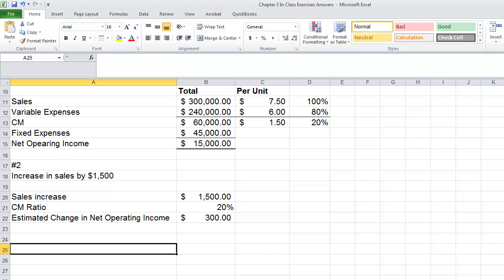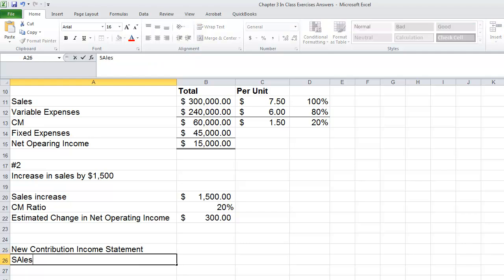Now, in order to verify this or check our answer, we could take total sales and create a new contribution margin income statement. Sales, total units. So this one was 40,000.